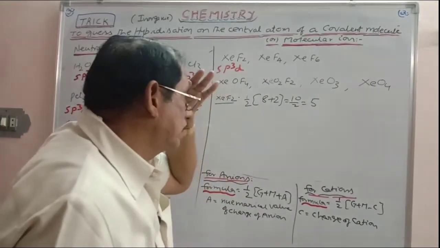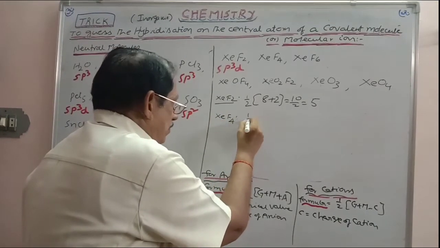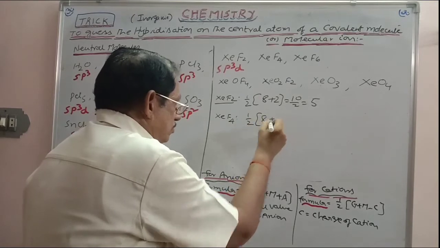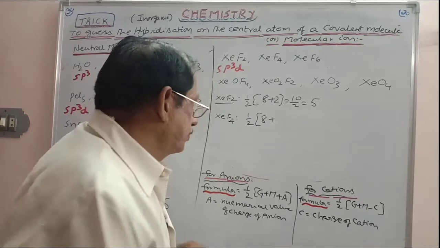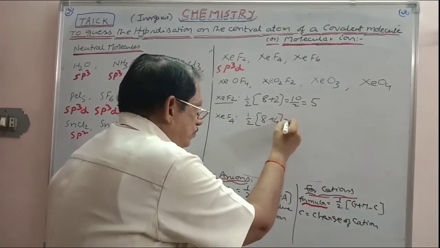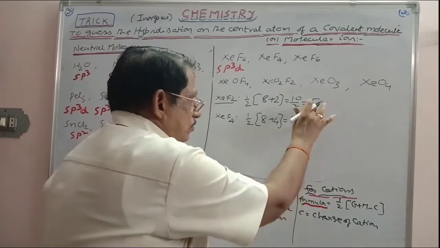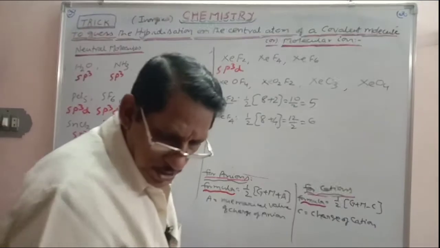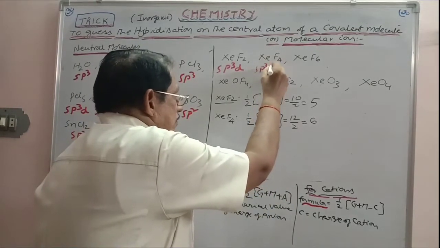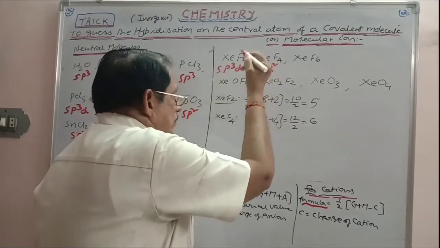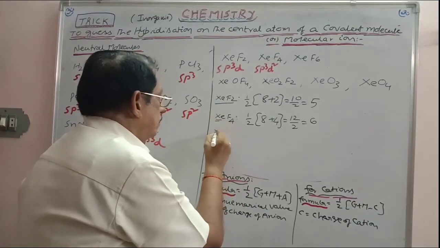Okay. Next, XeF4. Half into Xe belongs to the 8th group. There are 4 monovalent fluorine atoms. So M is equal to 4, 12 by 2, this is equal to 6. So here, what is the hybridization? sp3d2, right? Similarly, XeF6.